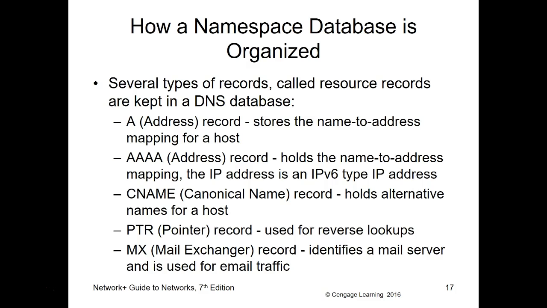You can have alternative names, or CNAMEs. You might have a pointer record for when we go backwards. If I put in an IP address, I need to be able to go back to what that name is. And then really importantly, we use a lot, and quite frankly it probably gets hit more than a lot of the other records, is an MX, or mail exchange record.